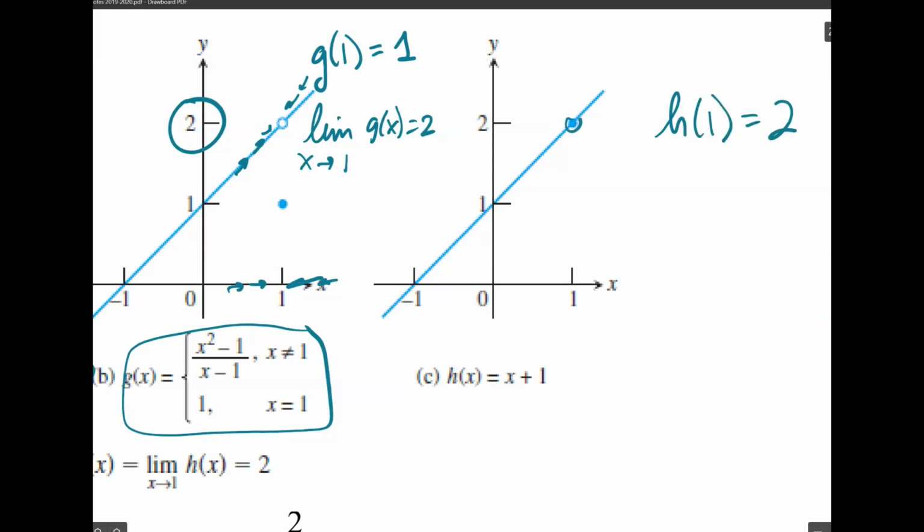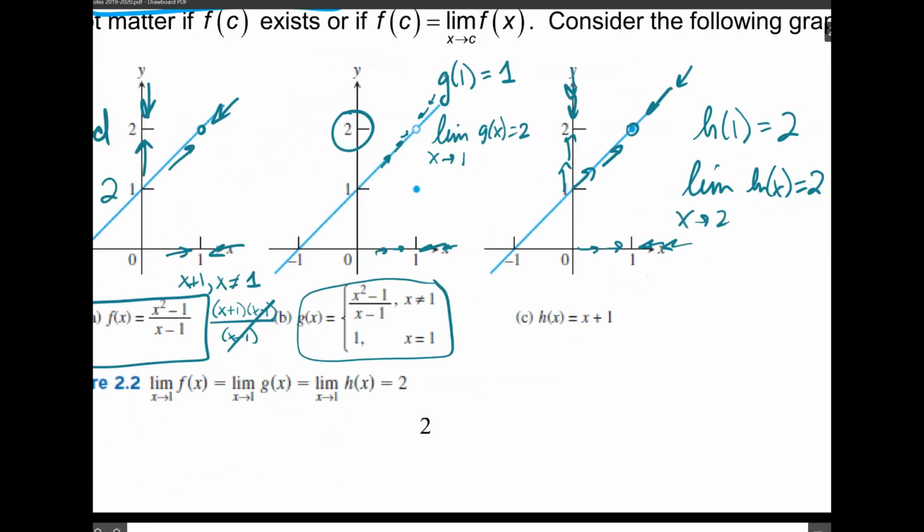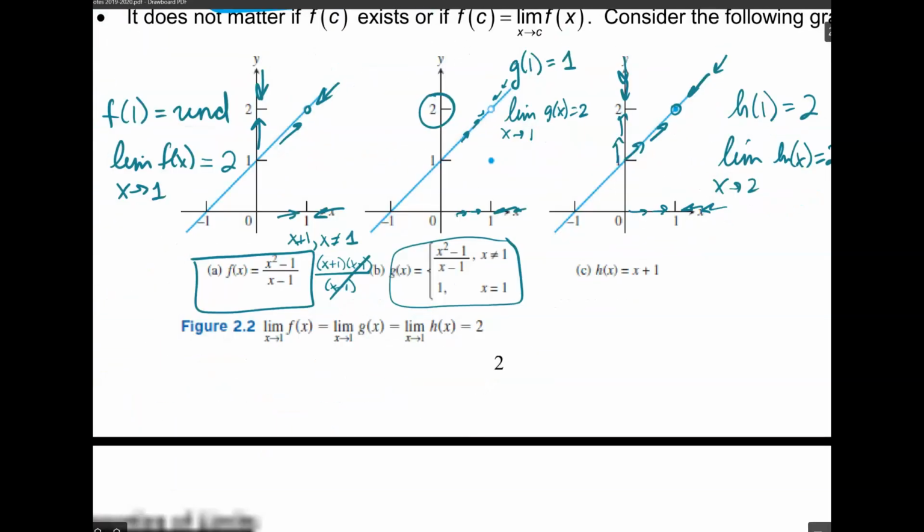And if I take the limit as x approaches 1 of h of x, as I get closer to an x value of 1 from both sides, I get closer to a y value of 2. I'm sorry, x approaches 1, y approaches 2.